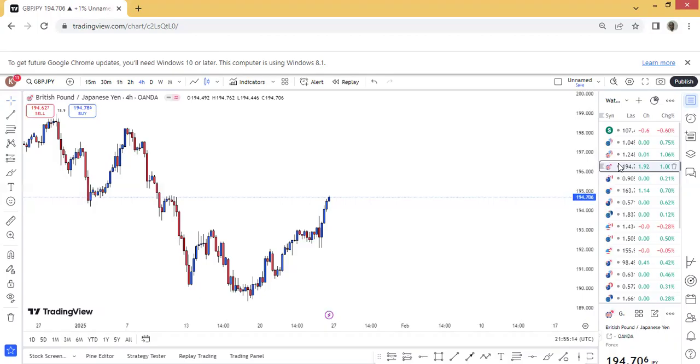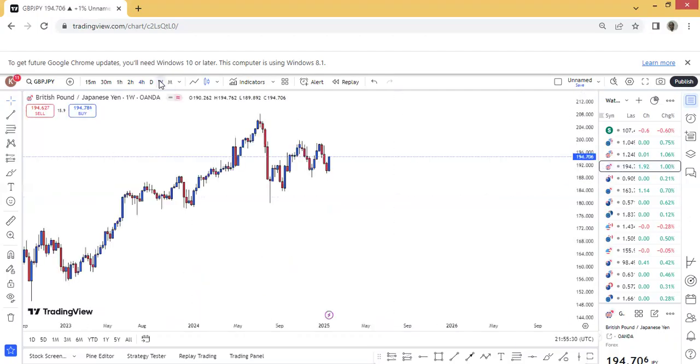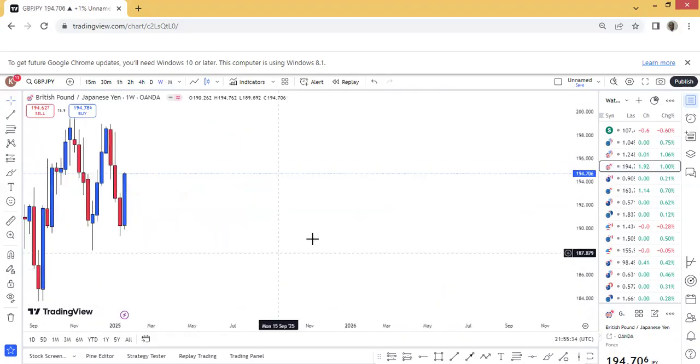So we can see on our screen the chart of GBPJPY. It's just about 2 minutes for the trading session to open, and I trust that I will be able to do this quickly. So let's come to the weekly as we always do and find the weekly direction.